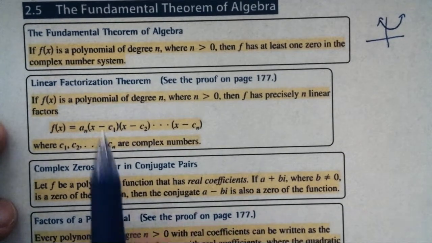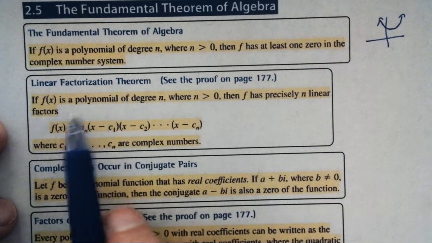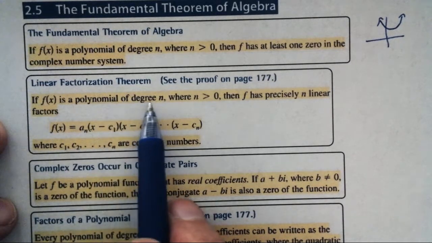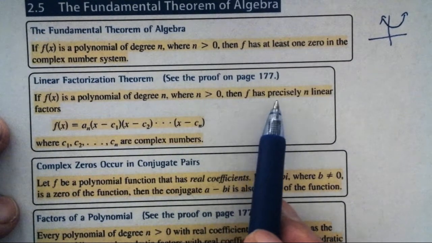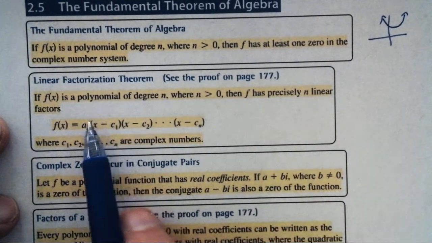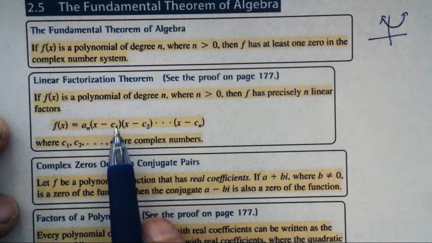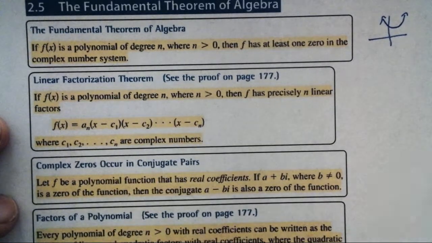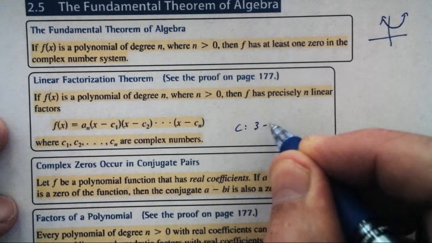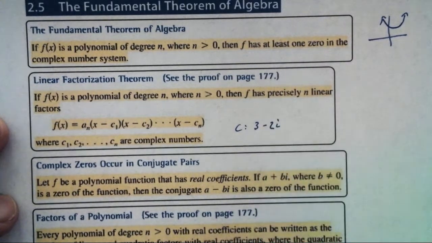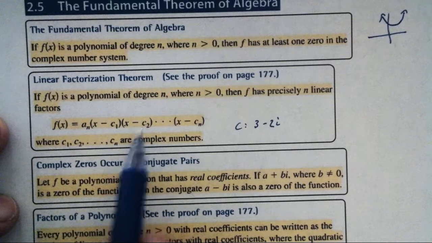But then the linear factorization theorem says if f of x is a polynomial of degree n, where n is greater than 0, then f has precisely n linear factors where these c's are complex numbers, such as 3 minus 2i. So they could be complex numbers in here.